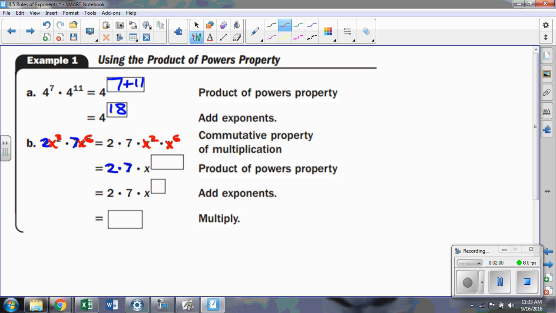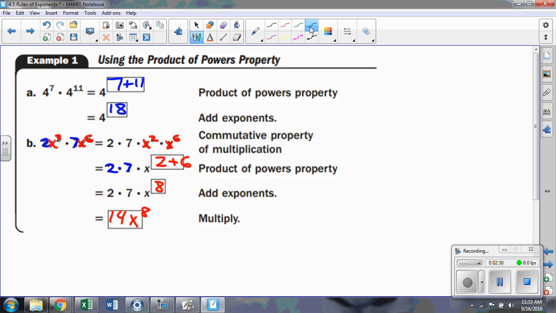Since we're multiplying here in the red, we'll use our shortcut. What do you do with the exponents? Add them. And so 2 plus 6 would equal 8. And we could just do our regular multiplication. 2 times 7 equals 14. 14 x to the 8. And we're done.